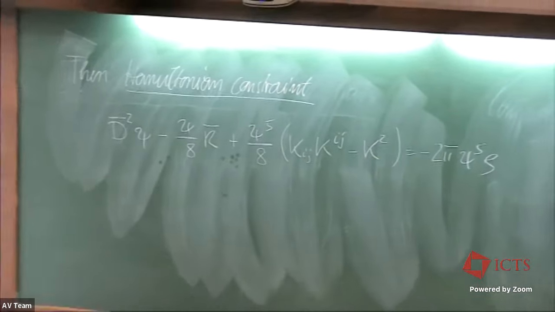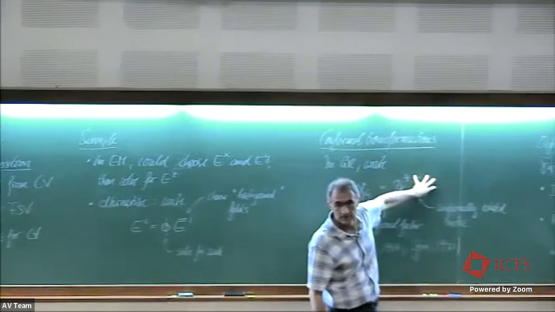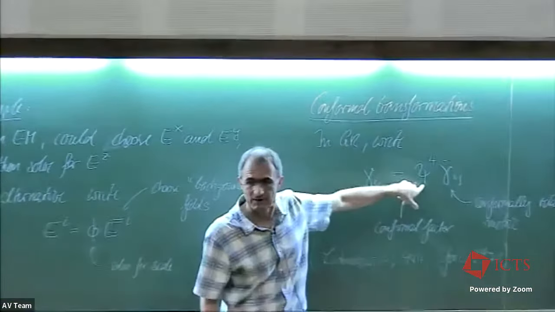Now, basically the same is true here. What we will now do is make choices for all the gamma ij bars. We will solve the Hamiltonian constraint by making a choice for the conformal geometry, and having made that choice, we can then solve for the conformal factor.